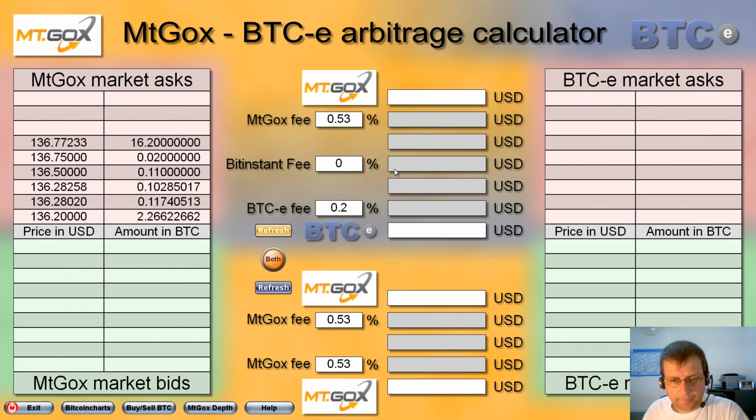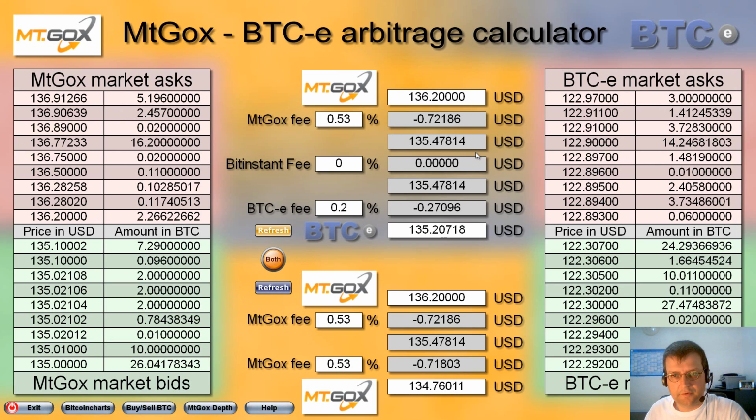Usually this calculator had been designed for arbitrage, but nowadays it's not possible, so I removed this Bitstamp reserves information. But anyway, we can use this calculator for trading.